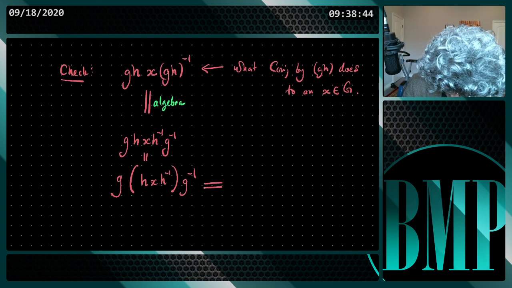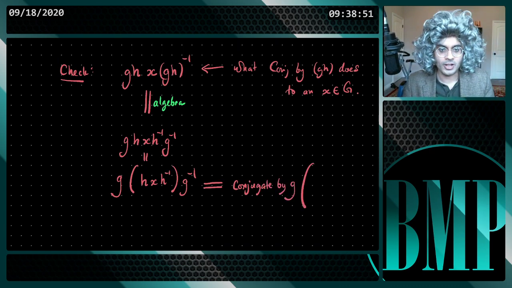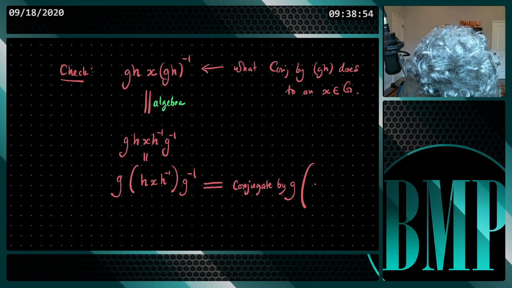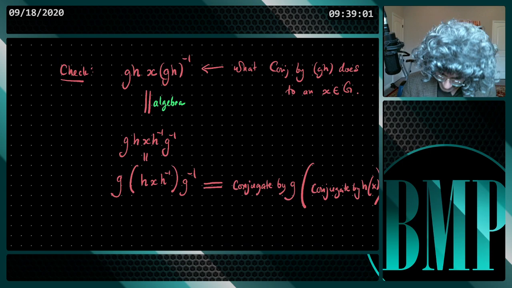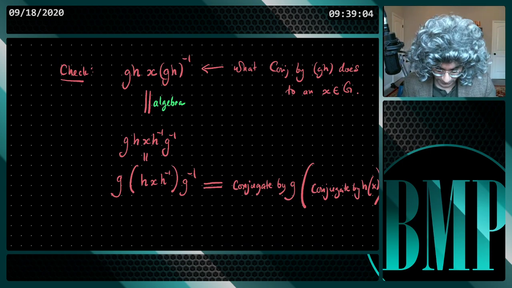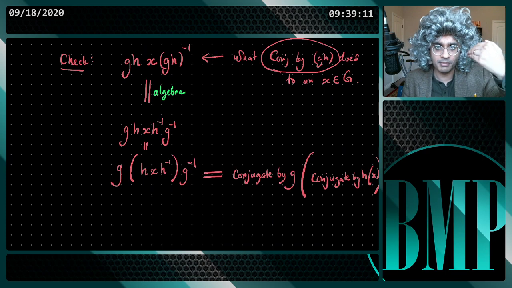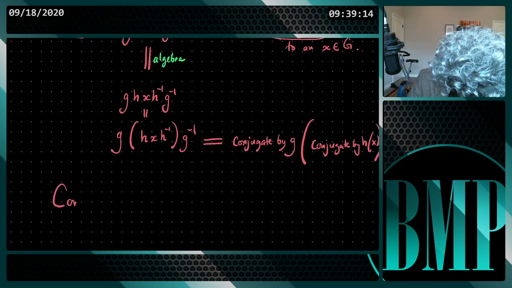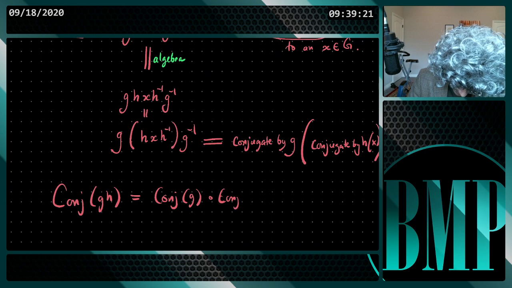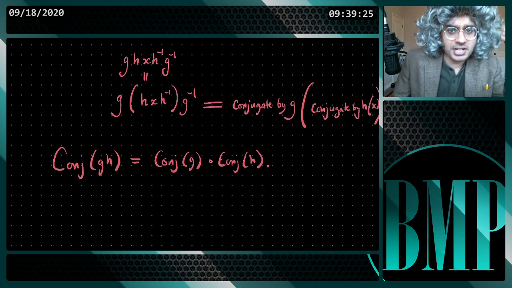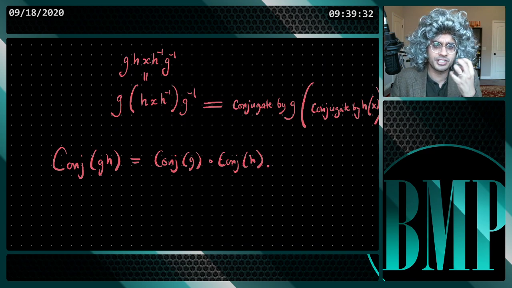But this is exactly conjugate by G the following thing, conjugate by H, the element X. Okay, so therefore conjugation by the product G times H is the same as conjugate by G composed conjugate by H. So the act of conjugation is a particular way in which the group acts on itself.